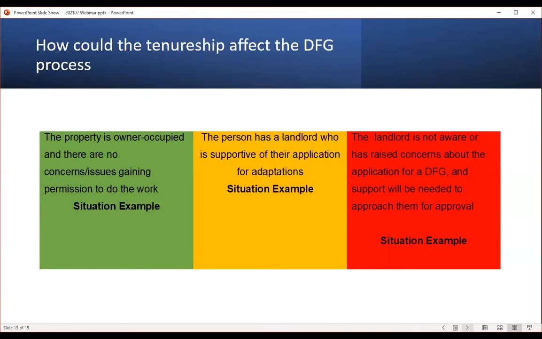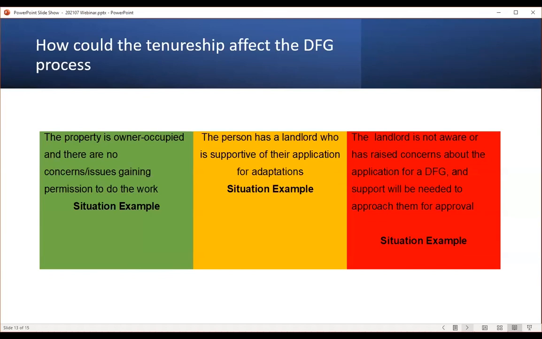But if we know that the landlord is supporting at the beginning, when somebody contacts us around an adaptation, if we have that conversation, have you got a supportive landlord, then hopefully it's going to be a smoother journey.